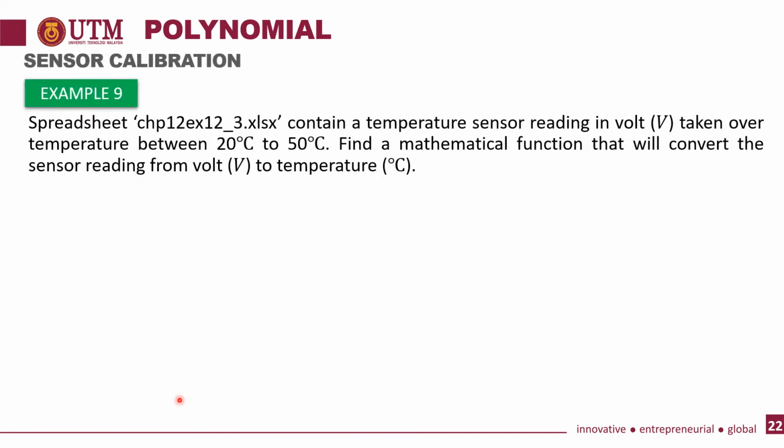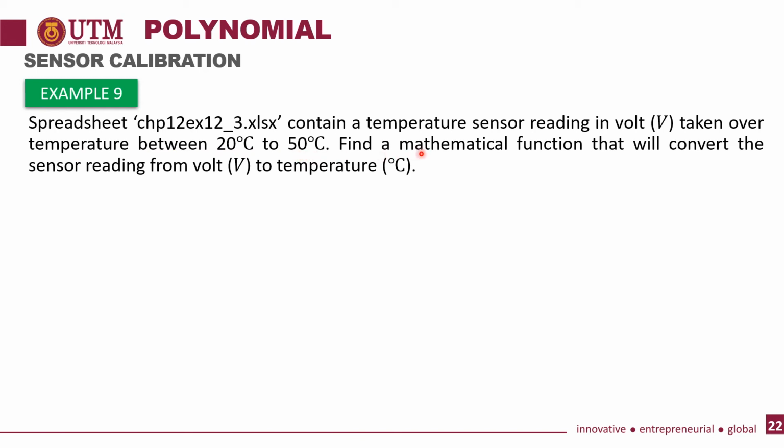Alright, so next we'll take a look at example number 9, which is all about sensor calibration. For this example, the spreadsheet chapter 12, example 12_3 will be given to you. I will ask the coordinator, and after I get this file, I will give it to you. This spreadsheet contains temperature sensor readings in volts taken over temperatures between 20 degrees Celsius and 50 degrees Celsius.